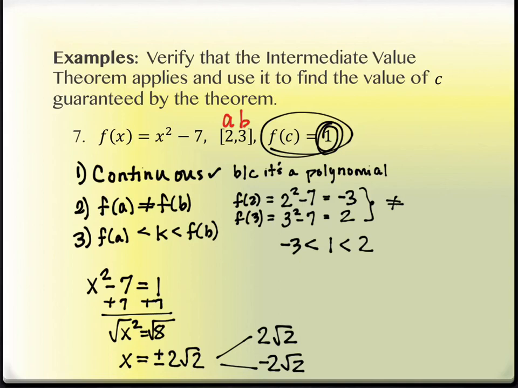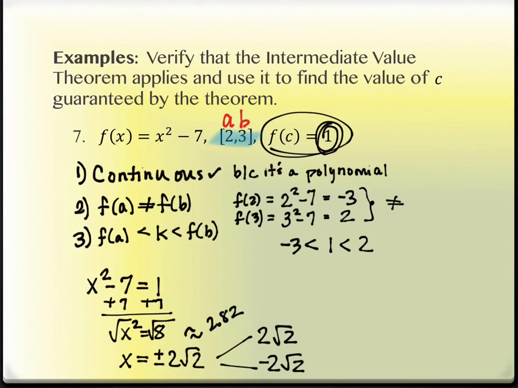Which one is actually between the a and b value that I'm given? The positive one, because the interval I'm on is from 2 to 3. And if you aren't sure, you're like, okay, well, obviously it's not the negative one because it's negative. Is it really going to be the positive one? Is it really going to work? You could check by verifying the approximation in your calculator. Just so that you know, this is approximately 2.82.